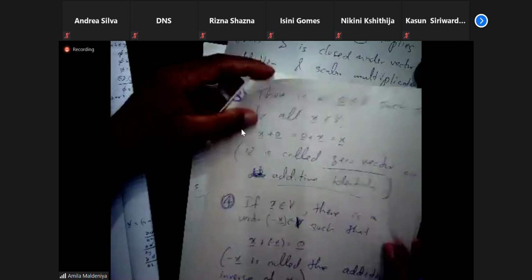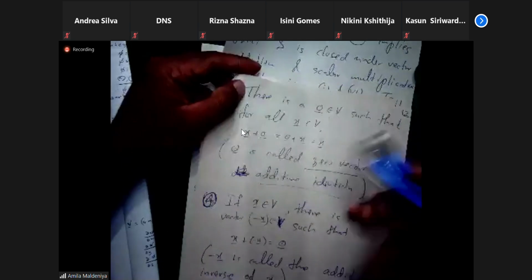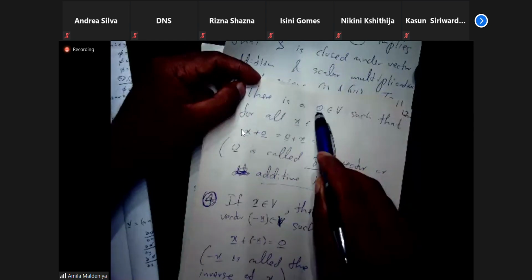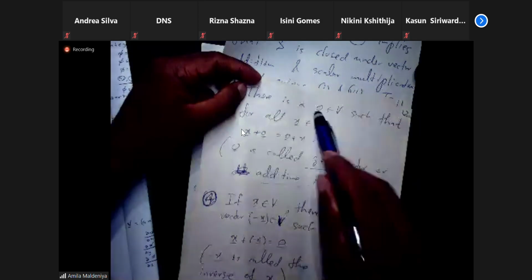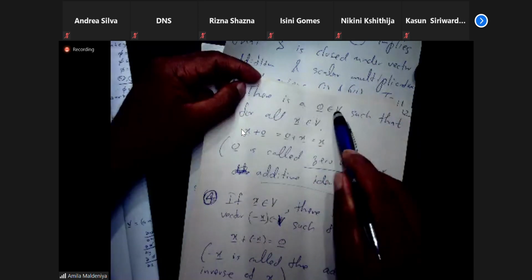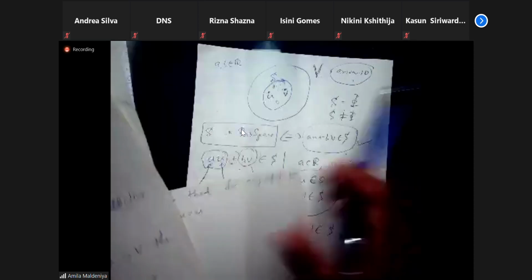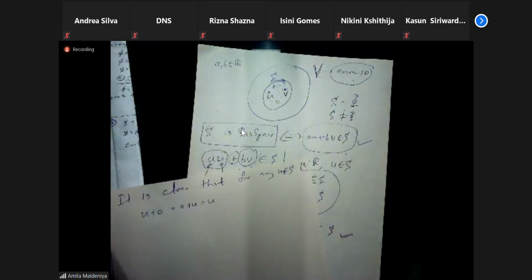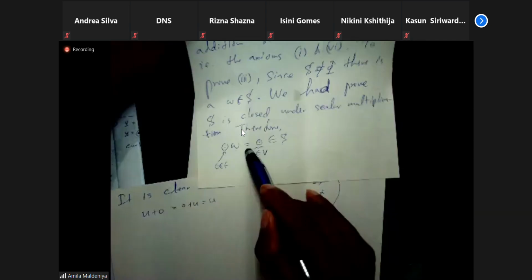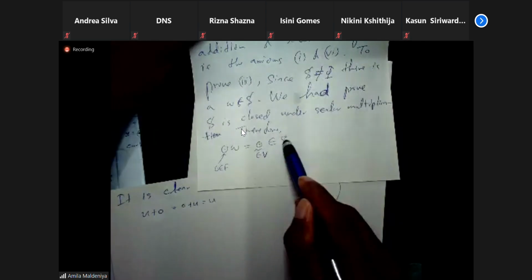The third axiom says we need to find a specific element in that set so that it satisfies this equation. We found a specific element, 0, and that specific element also belongs to S.